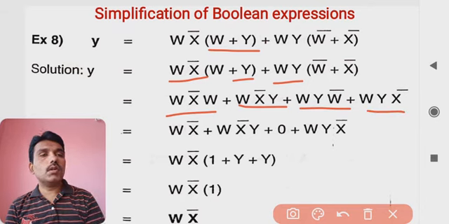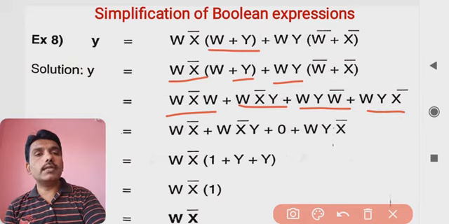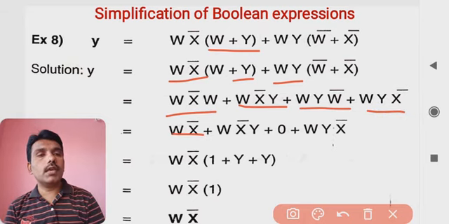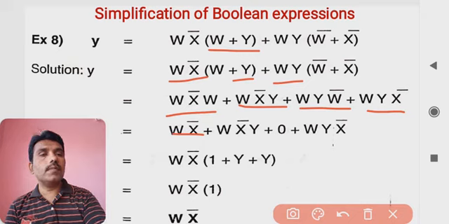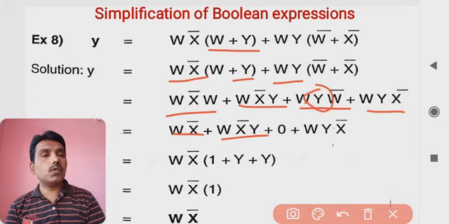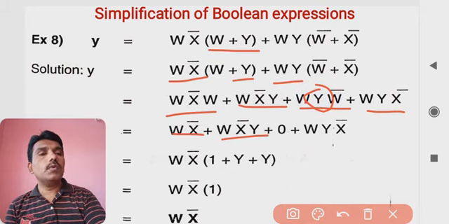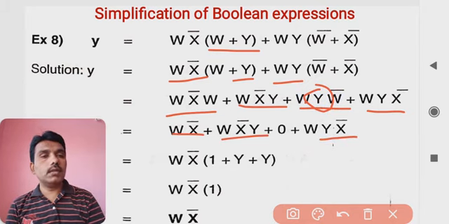So this is the multiplication. W and w, that is A and A, is always A, that means w and x complement will remain. Wx complement y as it is. If you look at w and w complement, it will give us 0 because A and A complement is always 0, and wy x complement as it is.